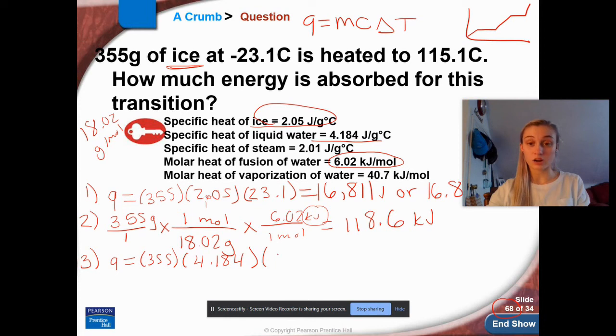Our delta T is going to be 100 degrees, because our next phase change is at 100 degrees. Going from 0 to 100, 100 minus 0 is just 100. If we calculate that, we get this really huge number.